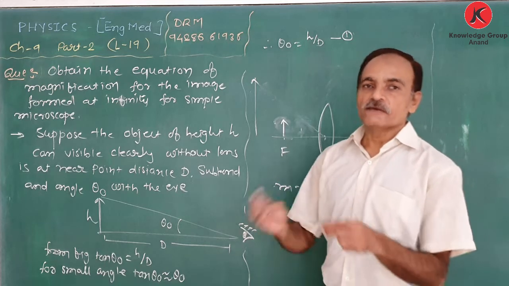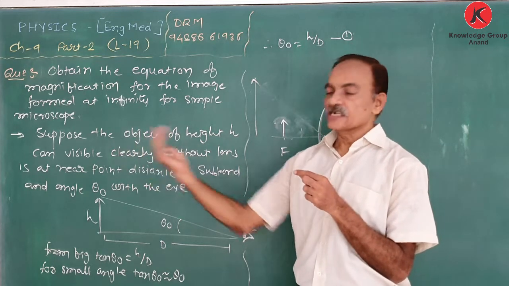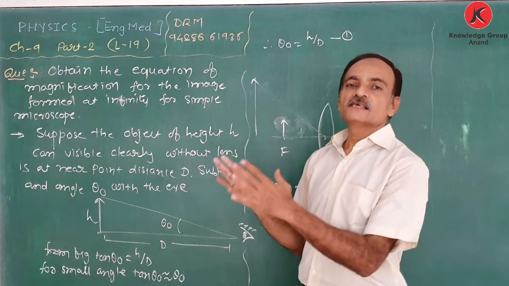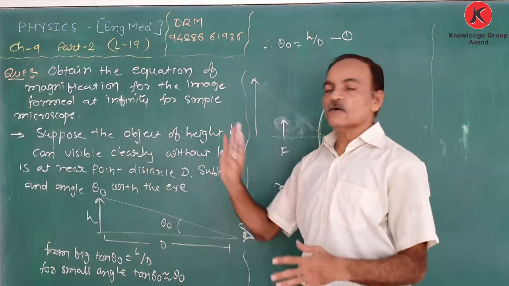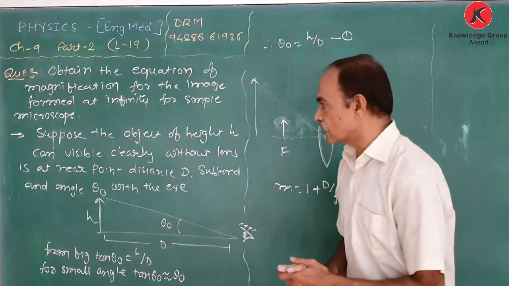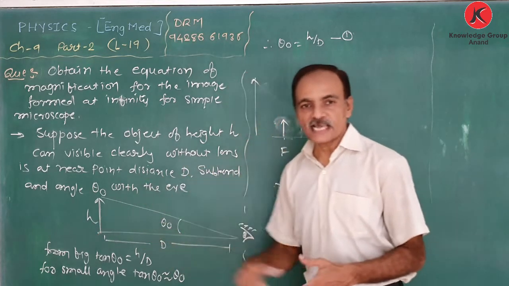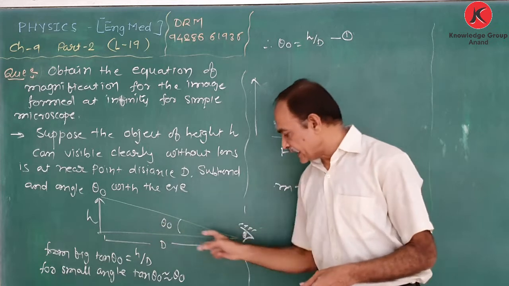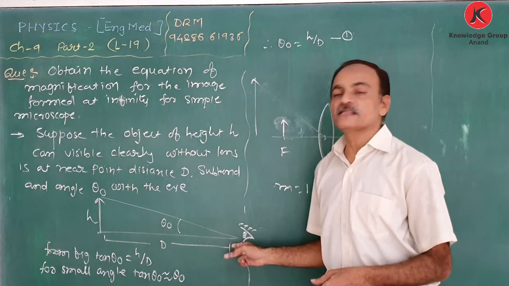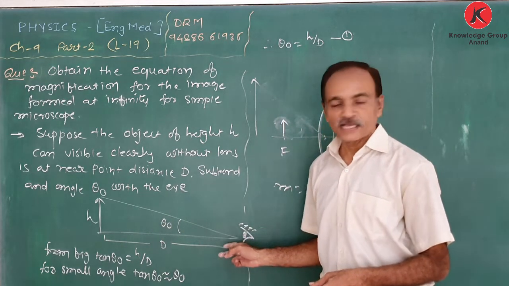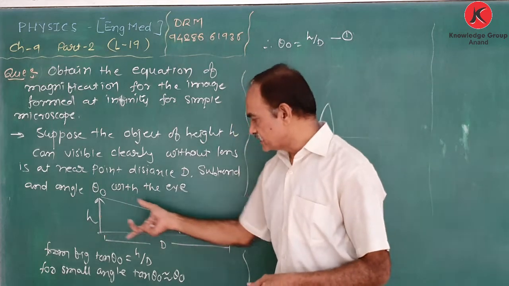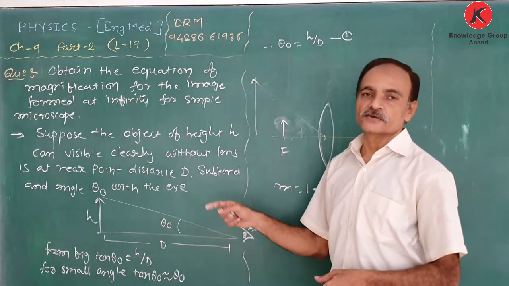So we can see it easily, without any stress and with comfort, at distance D. This object subtends an angle theta 0 with the eye.